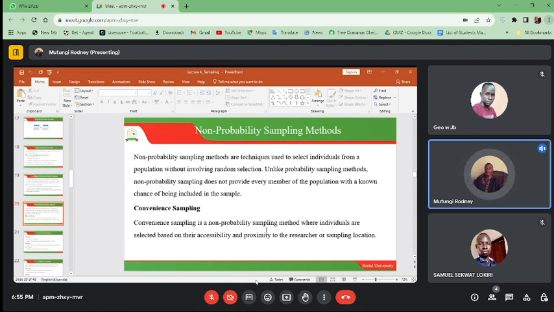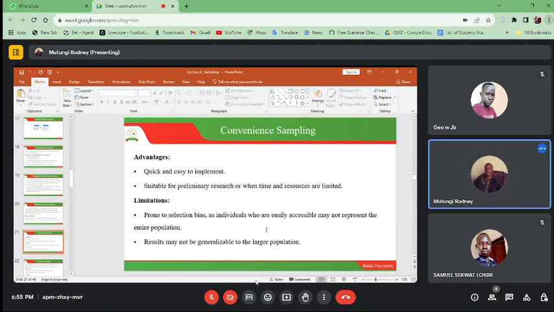Okay, so for example, in our first method, convenience sampling, you're going to select individuals based on their accessibility and proximity to the researcher or sampling location. So you are going to maybe collect your baseline data for an upcoming program in nutrition in Juba.